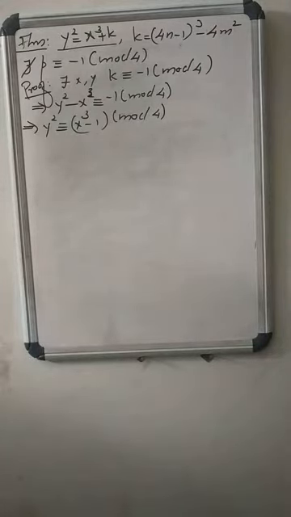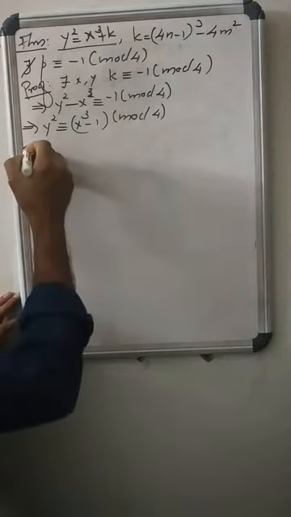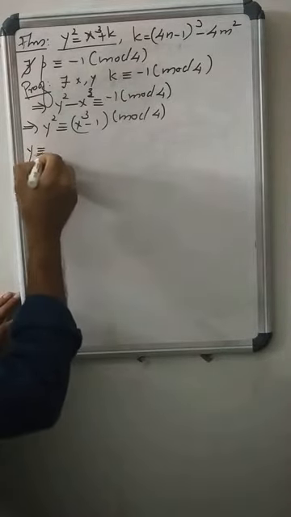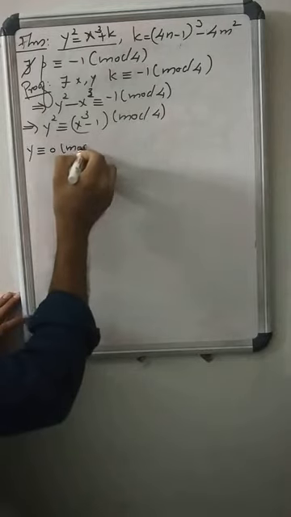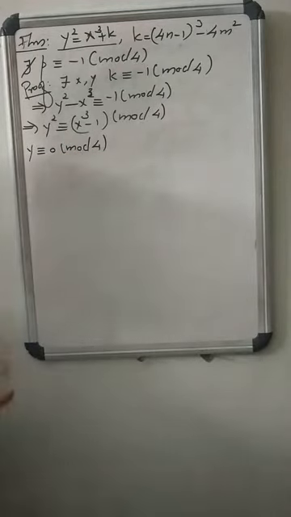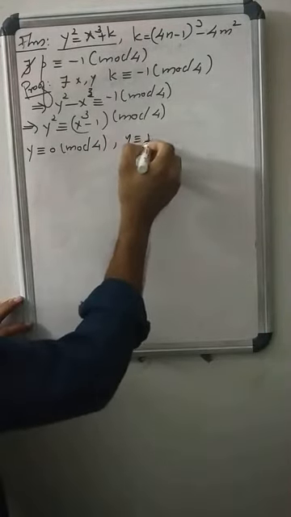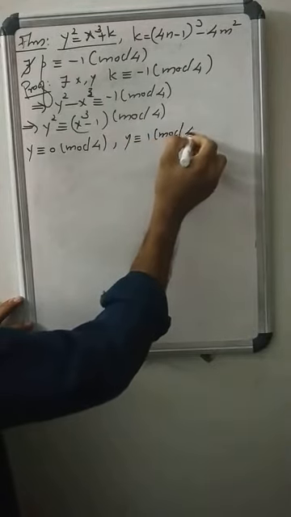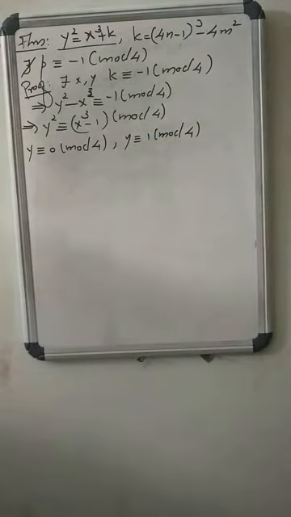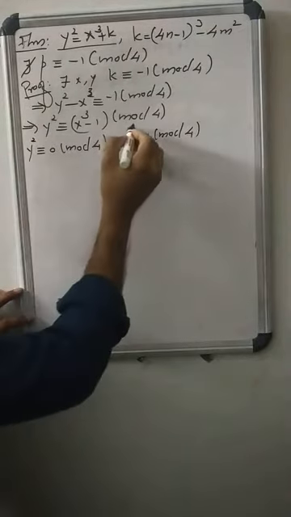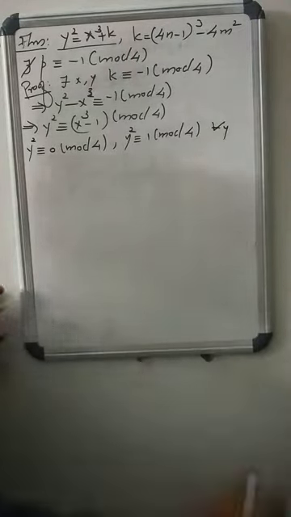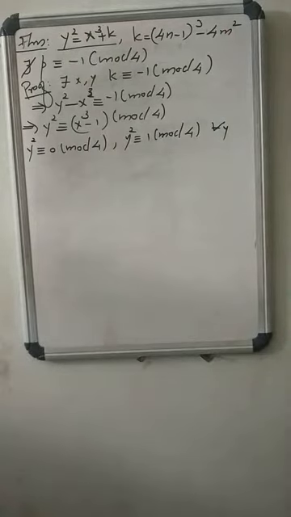Okay. Now we know that for every y, y square is congruent to 0 mod 4 or y square is congruent to 1 mod 4. That is true for every y. Why?